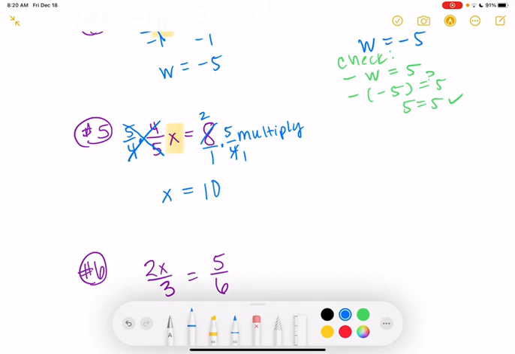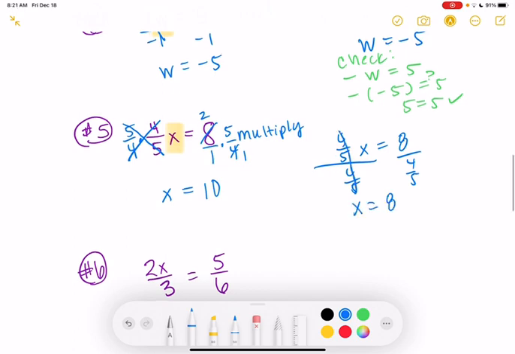Technically on this one, you could also divide. I'll go ahead and write it out. We'll try it. Not very many people would do it this way, but if it makes sense to you, go for it. So they would write it like this. Divide by 4/5. This would cancel out. Then they would have x equals 8 divided by 4/5.